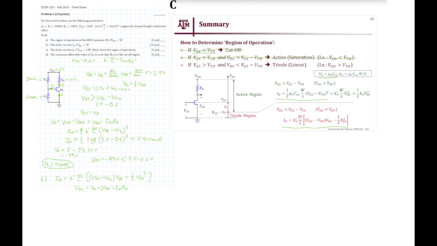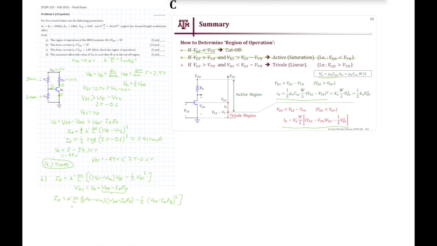Okay, so now we can make this substitution into our top equation, and let me rewrite this as ID is equal to K prime W over L, VGS minus VTH, times VDD minus IDRD, minus 1 over 2 VDD minus IDRD squared. All I did was make this substitution for VDS.